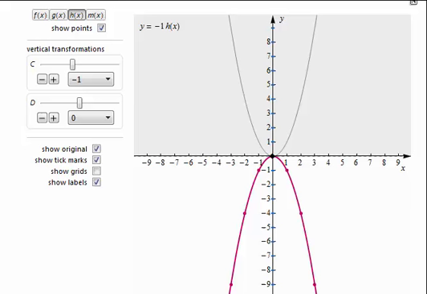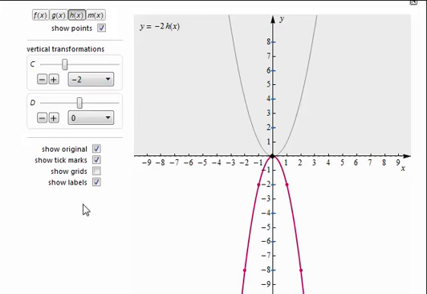This is just a reflection over the x-axis of the original graph. So taking the values of the function, taking their opposites and graphing them. If we take c equals -2, we have the graph narrower and reflected, so the vertical expansion and the reflection.